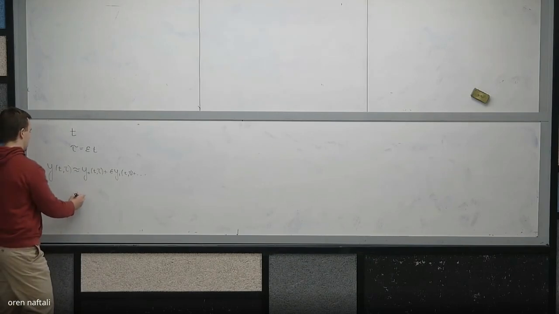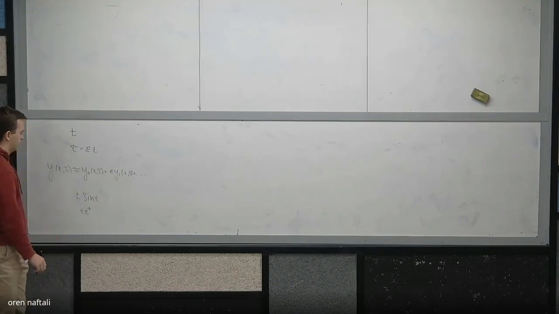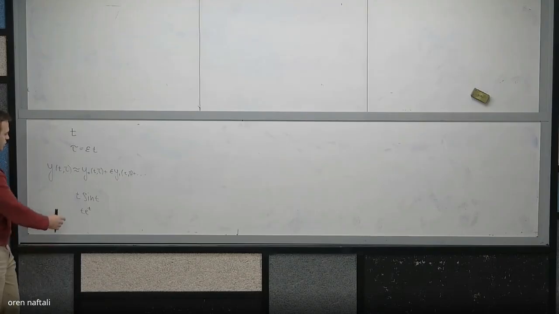For example, if in the solution you have this term or this term, we call them secular terms, and actually in the real physical solution there are no such terms. So that's why we need to use two-timing perturbation theory to eliminate these secular terms.